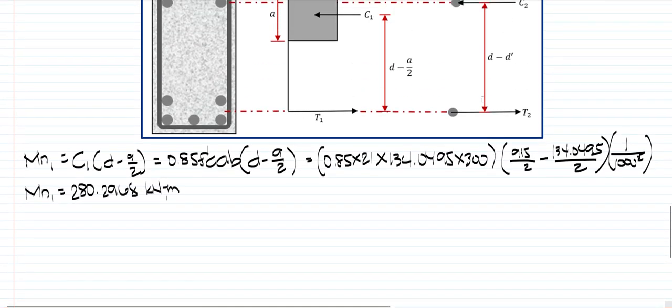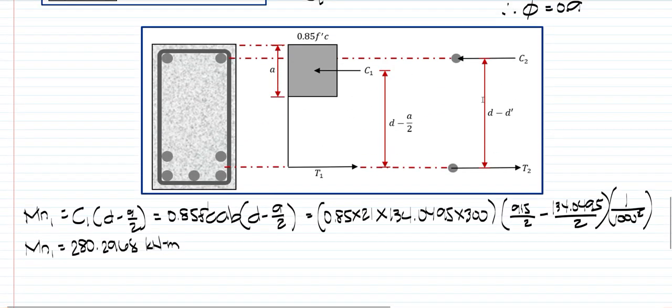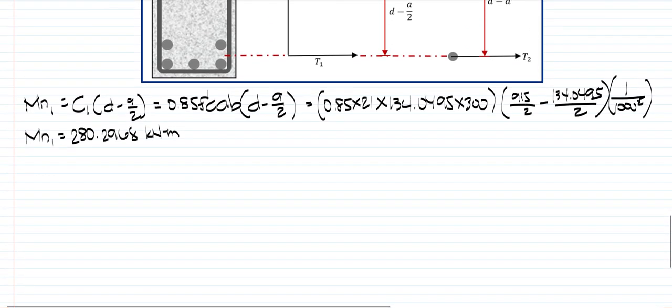For our second nominal moment, manggagaling lang siya on the second diagram and galing sa compression side, which is for the compression reinforcement. So, that is our MN2. MN2 is just equal to A prime S times.